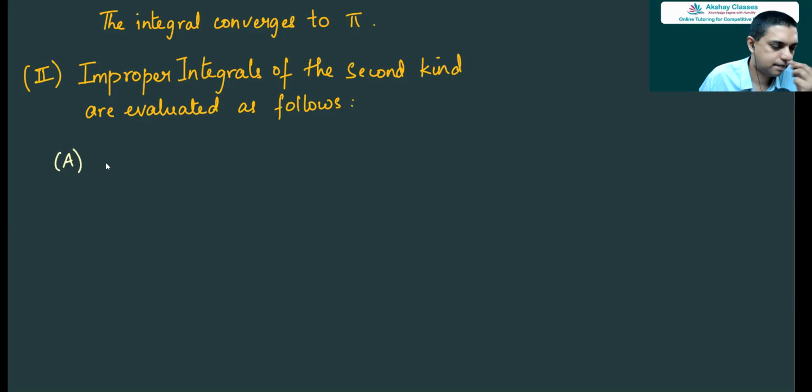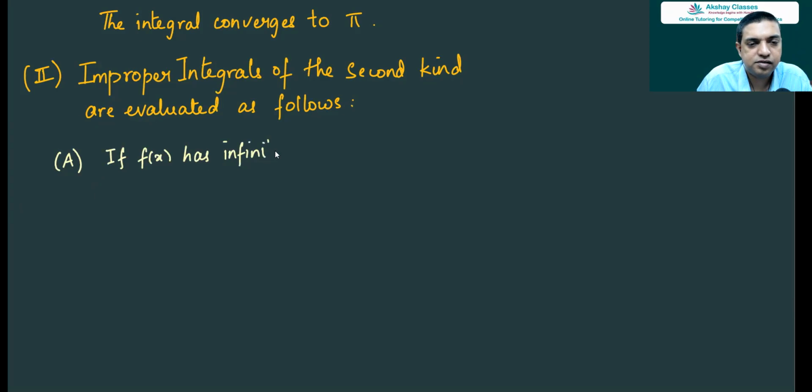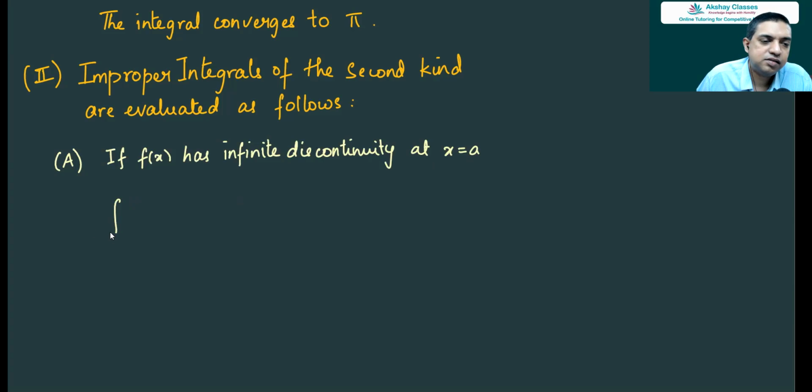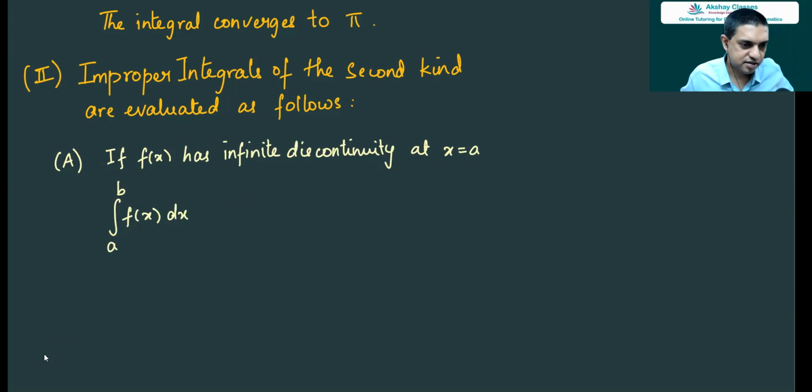So if f has an infinite discontinuity at x equal to a, that is, in the integral from a to b of f of x dx, f of a does not exist, so how do we evaluate?